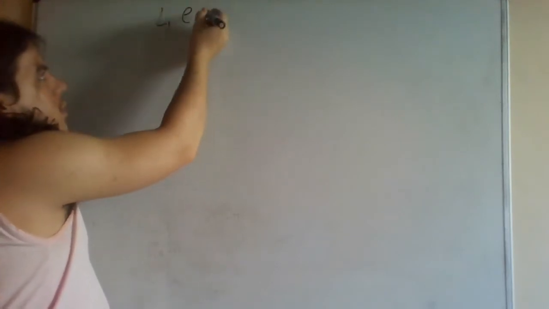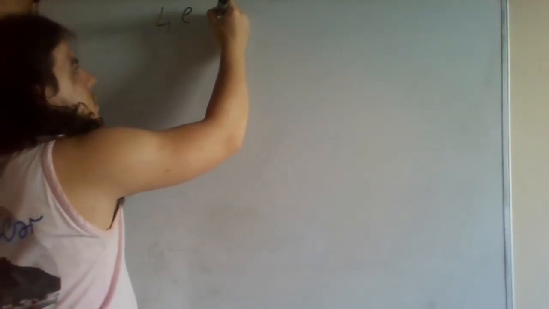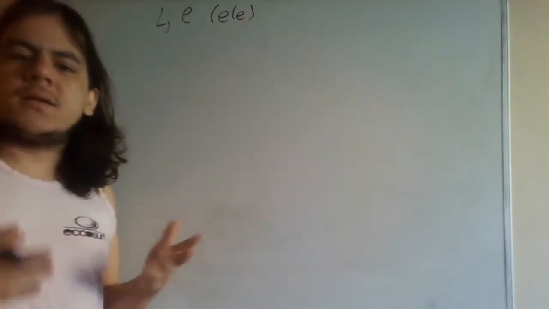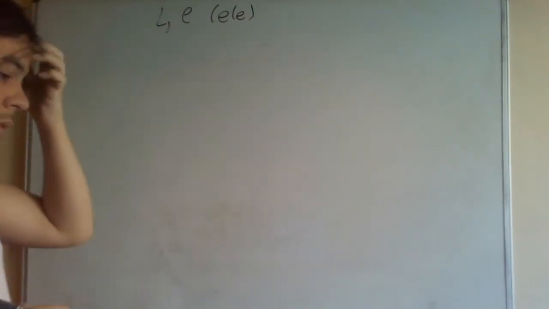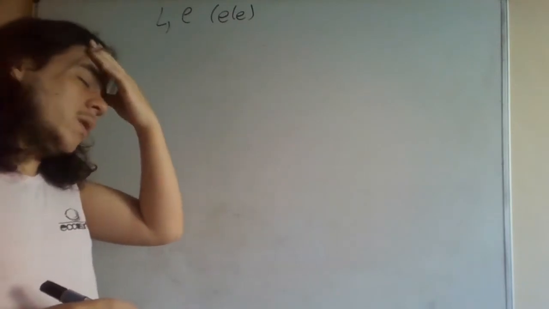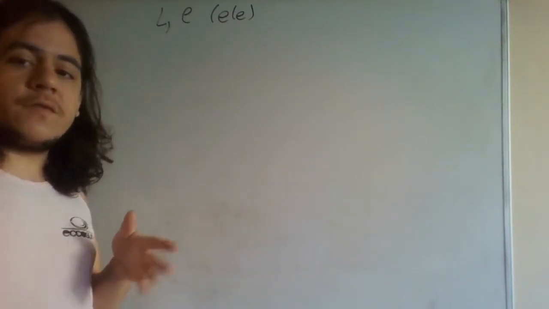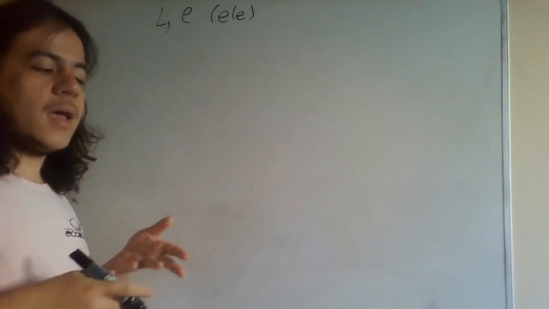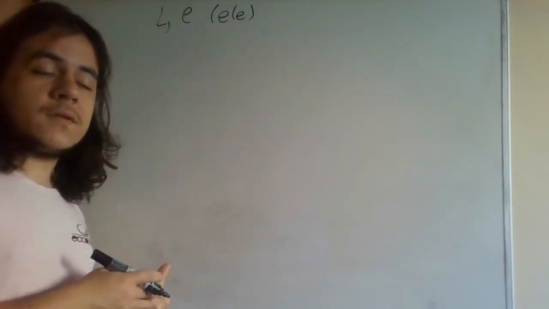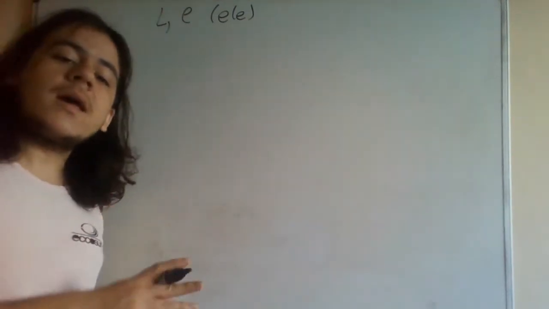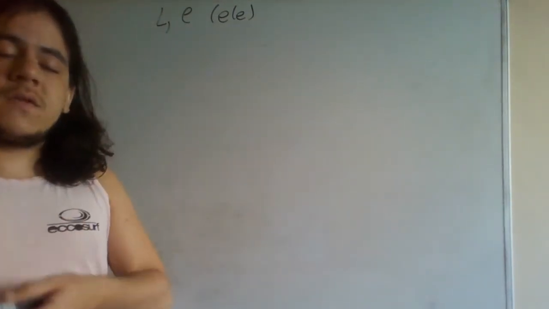Next letter, letter L. In Portuguese, L. Letra L will have two different sounds. One if the letra L is at the start of a syllable, and another one when letra L is at the end of a syllable.